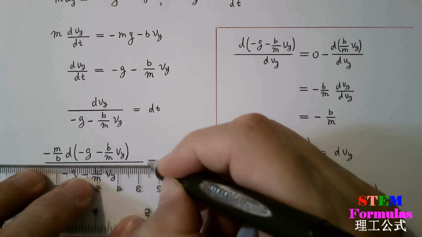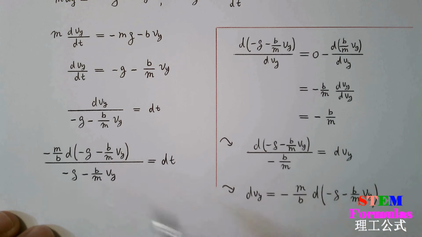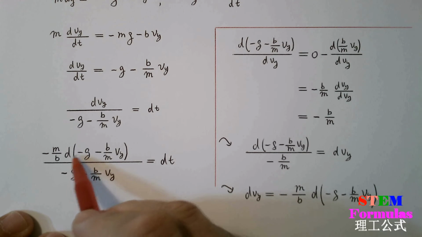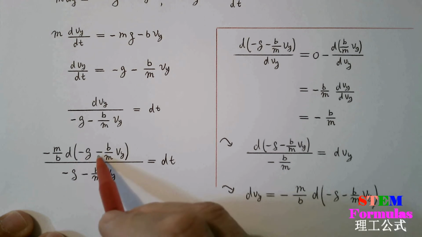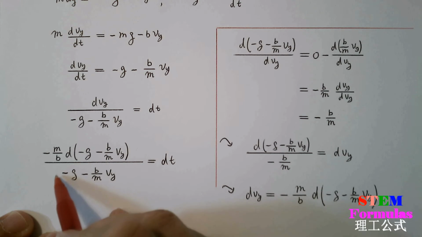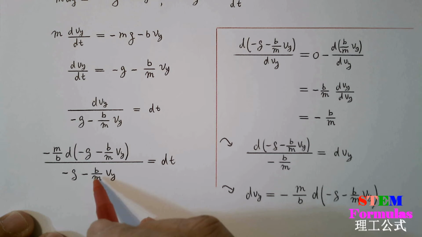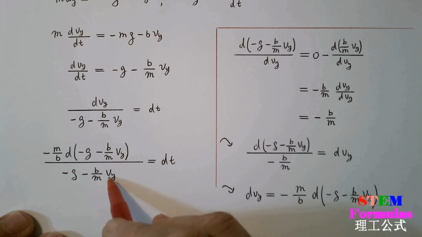On the right we have dt. Now this minus g minus b divided by m times vy is the same as the bottom minus g minus b divided by m times vy.